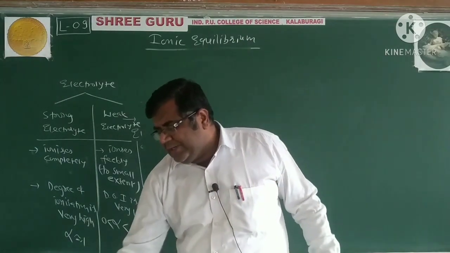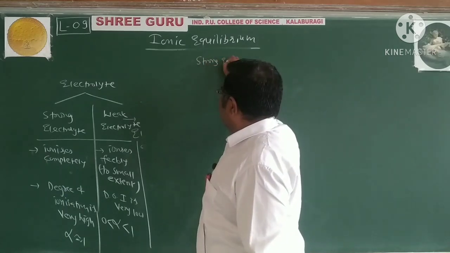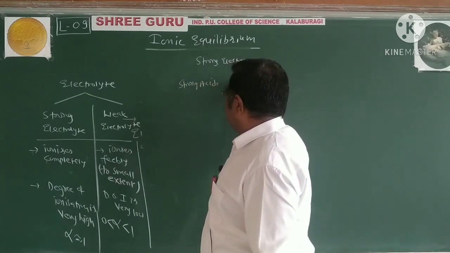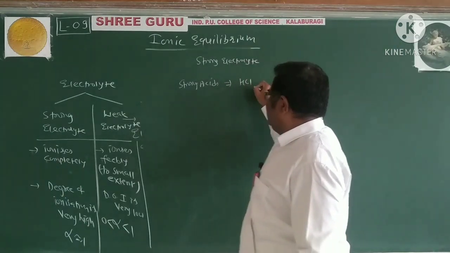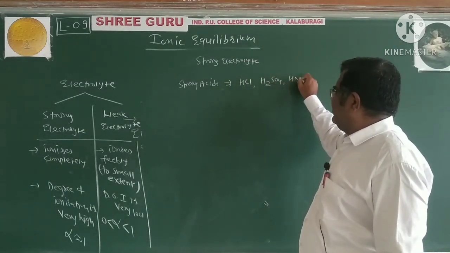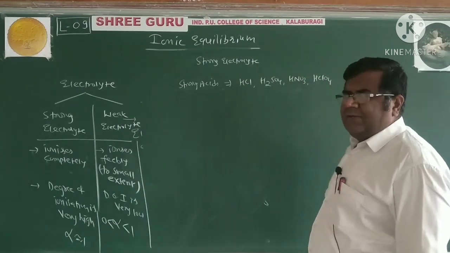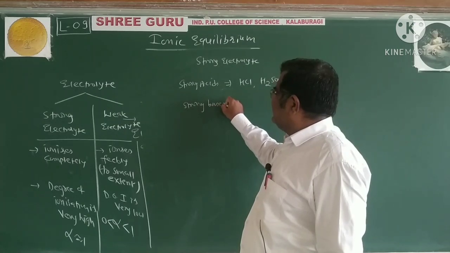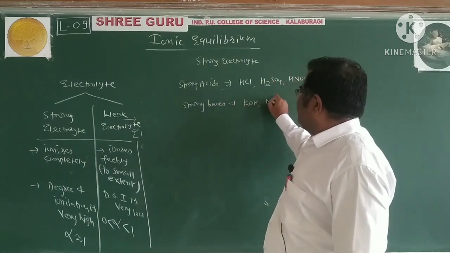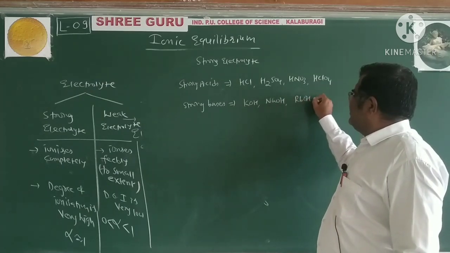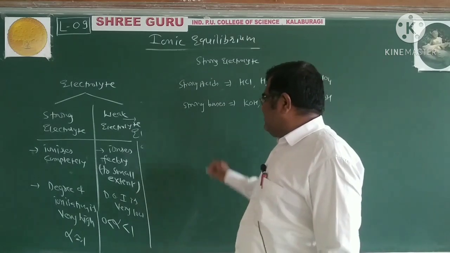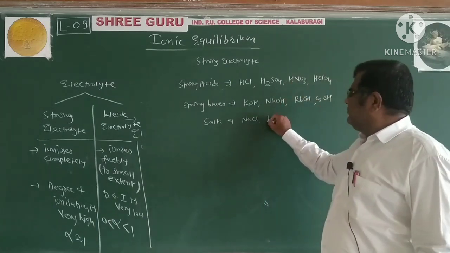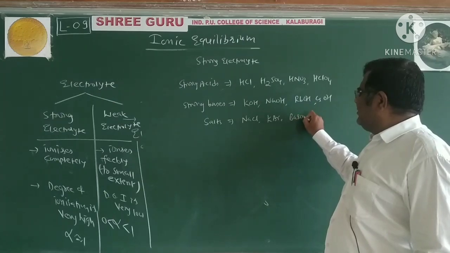Examples of strong electrolytes are some strong acids like HCl, H2SO4, HNO3 and chloric acid, and strong bases like potassium hydroxide, sodium hydroxide, rubidium hydroxide, cesium hydroxide, and all types of salts like sodium chloride, potassium bromide, barium sulfate.